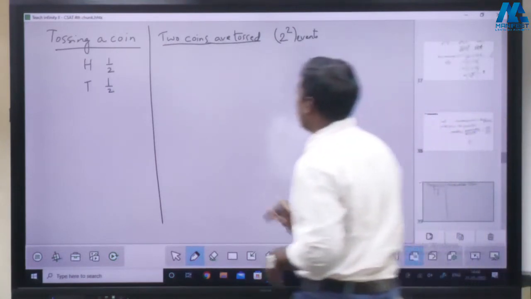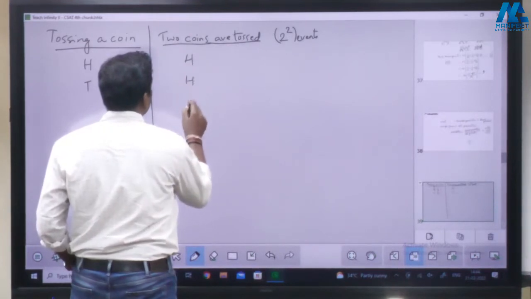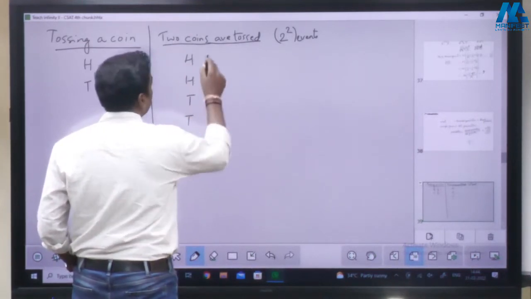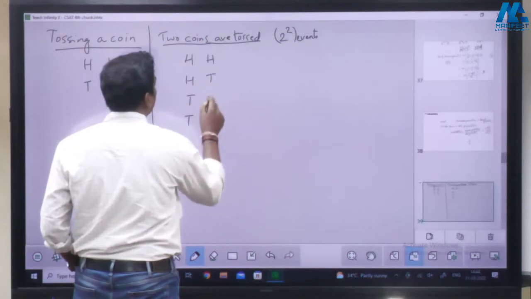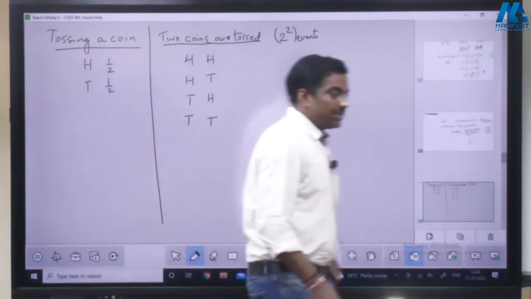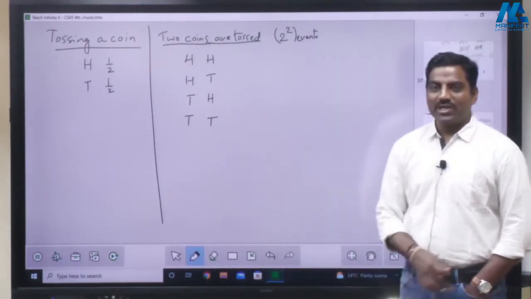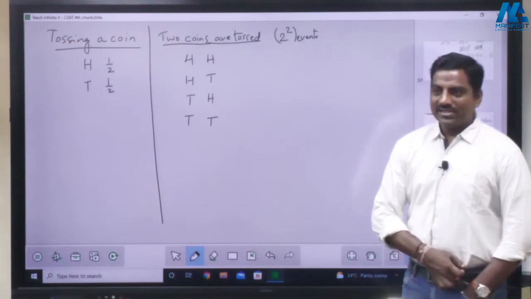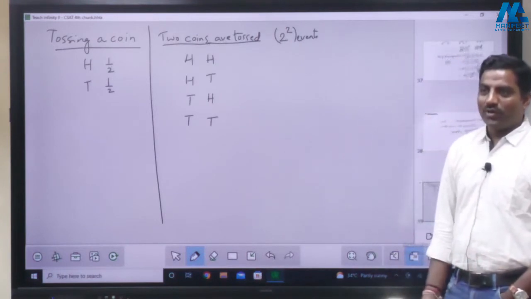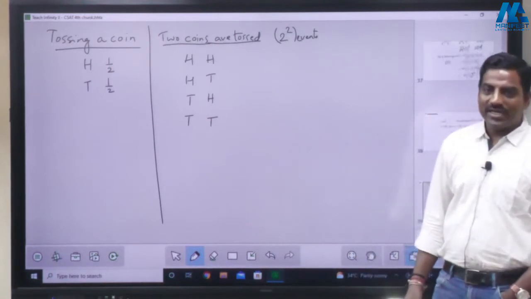Those possibilities are what? There is a way of writing it. Only the persons who have studied logical design or Boolean algebra in their engineering or in +1, +2, they will know how to write these things. HH, HT, TH and TT.